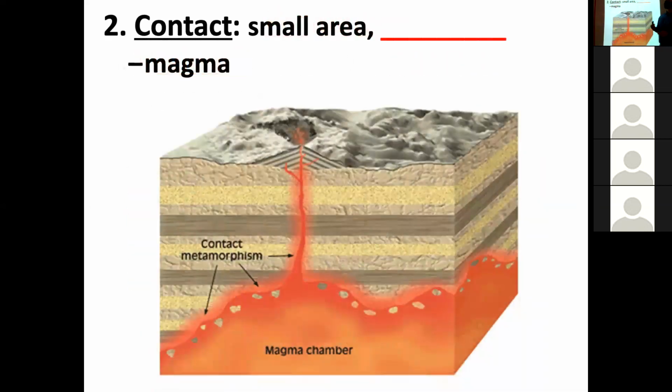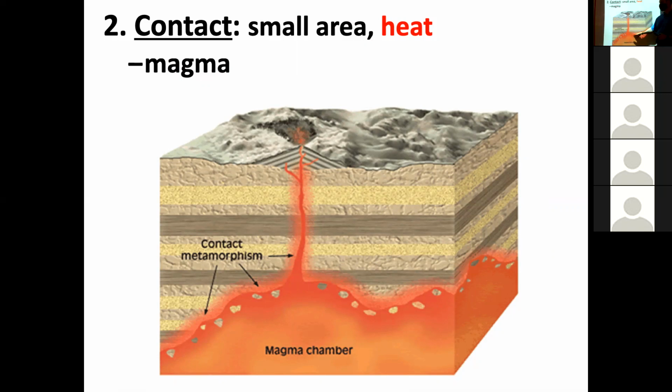The other type is contact metamorphism. So contact, like if I'm making contact with the board, I'm touching it. Contact is much smaller, it's caused by heat. So if there's an underground magma chamber, the rock that's around that magma chamber will be changed because of the heat.